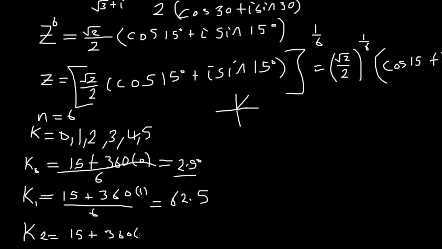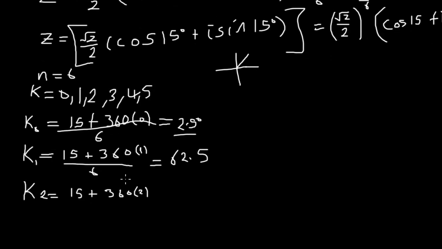So 360 times 2, you get 720, and then 720 plus 15, you get 735. Then everything divided by 6, you get 122.5. So from there, you move on.